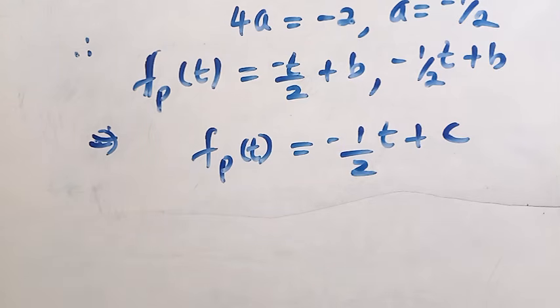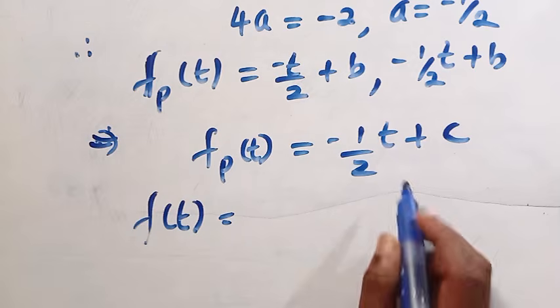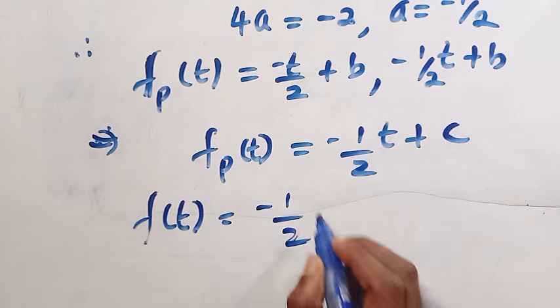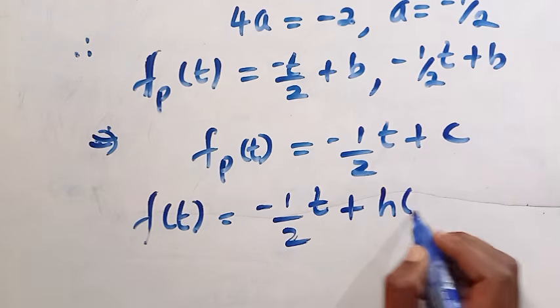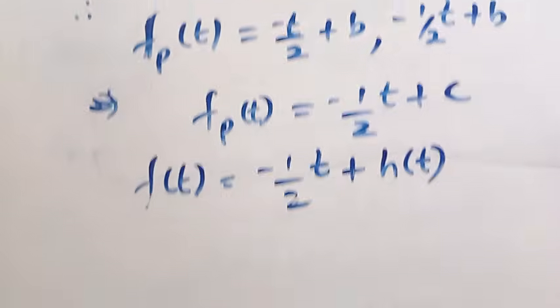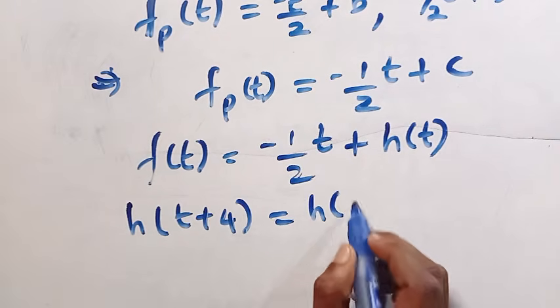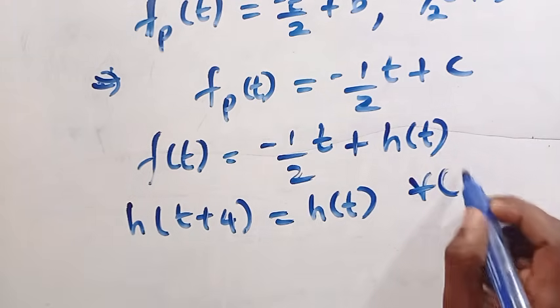So for the complete solution, we have f of t equals fp plus another function, so minus 1 over 2 t plus, in general form, let me say h of t, where this h of t is any function with period 4. That is, h of t plus 4 equals h of t for all values of t.